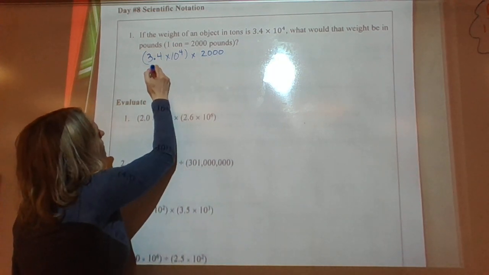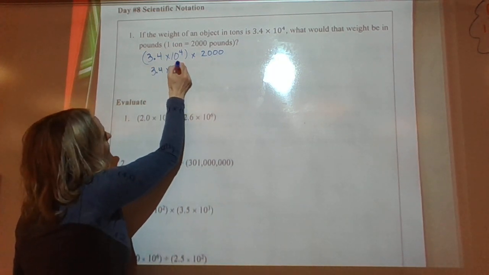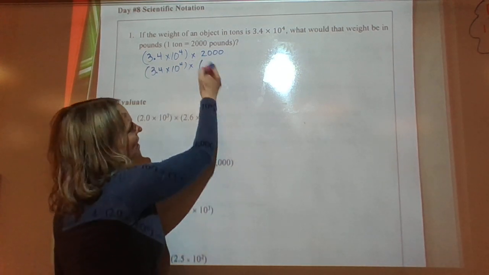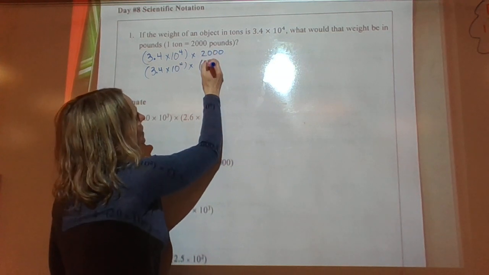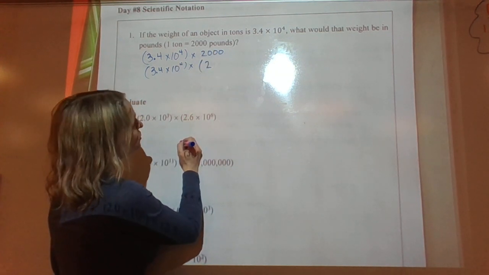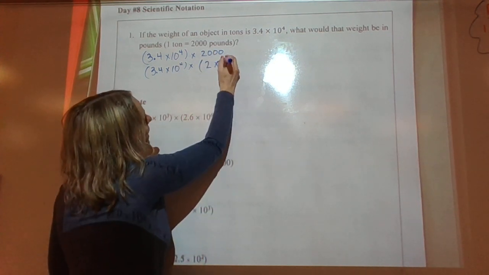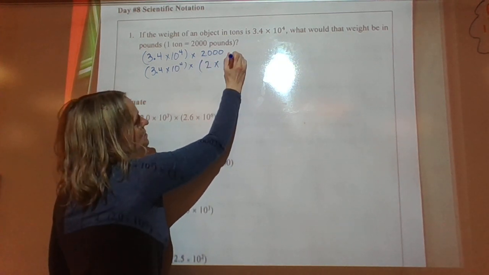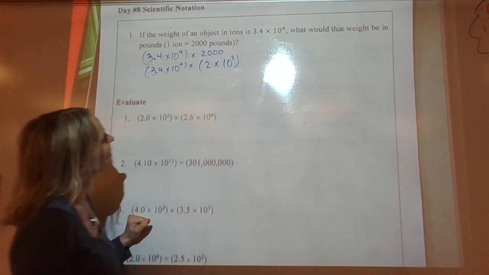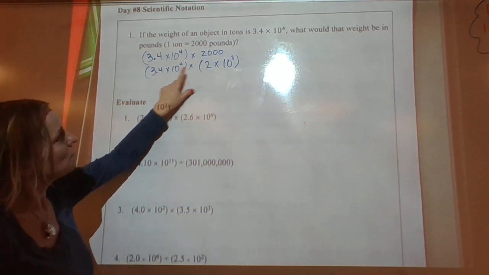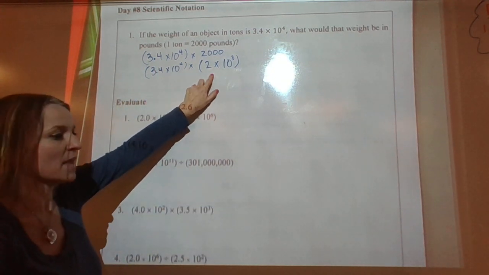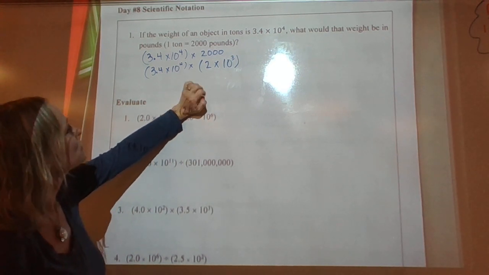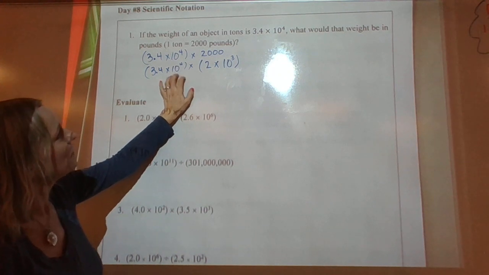So I'm going to keep this 3.4 times 10 to the 4th, that one's already in scientific notation, times, and to make that scientific notation, I would take the 2, right? 2 is between 1 and 10, times 10 to the, well, it just moved over 1, 2, 3 spots to make a 2. All right, so I'm taking the tons multiplied by the pounds, and that'll tell me how many pounds are in all these tons.